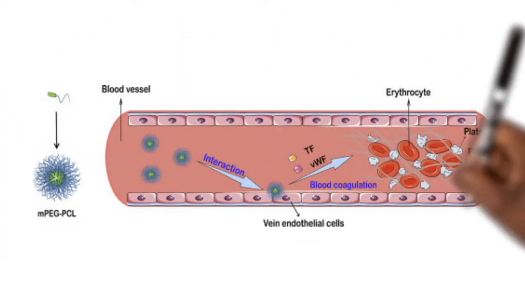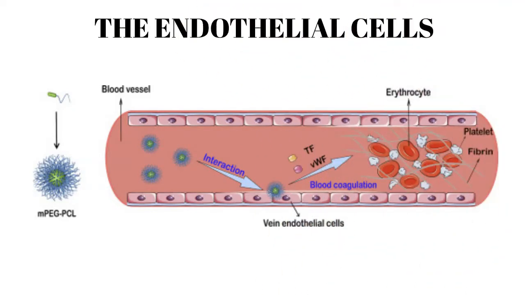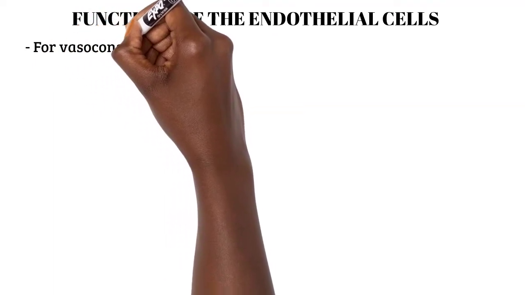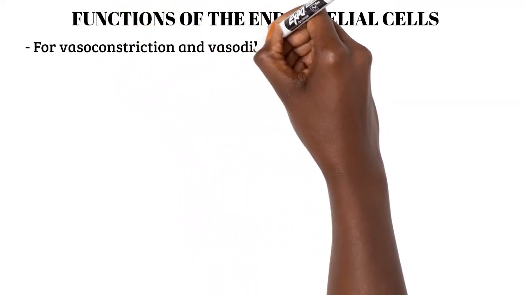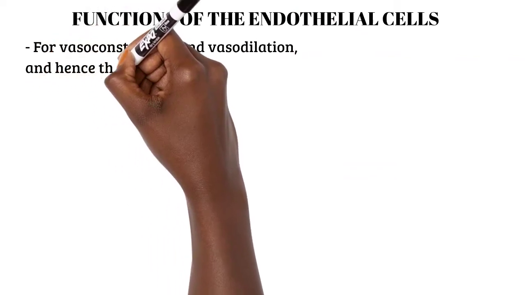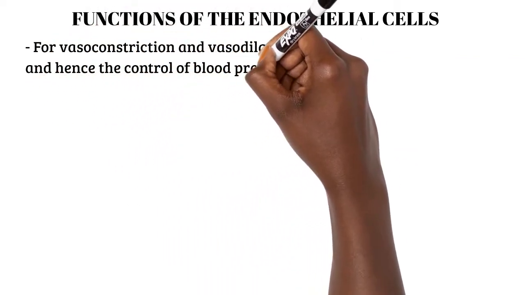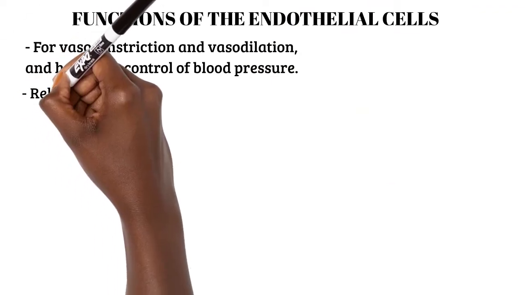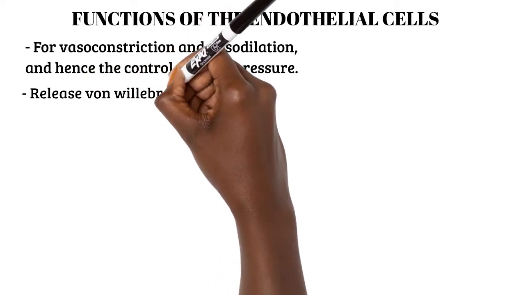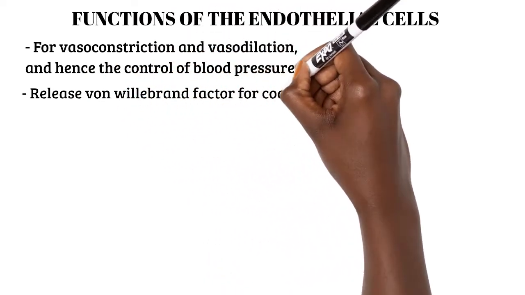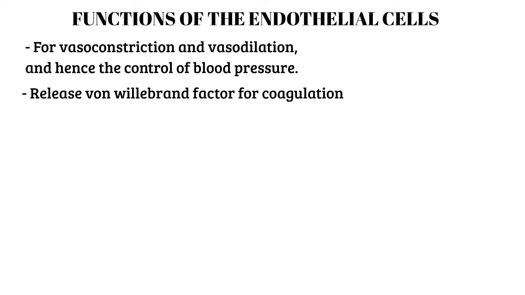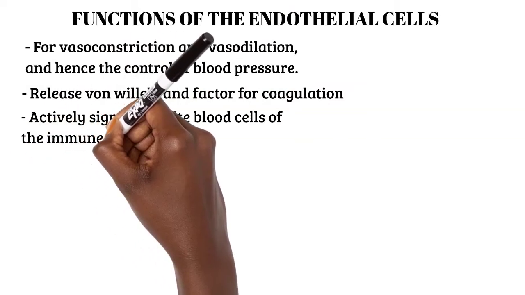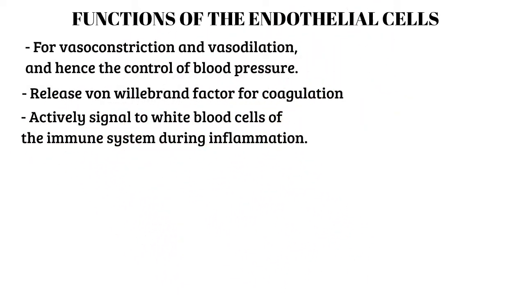Now the functions of endothelial cells. Endothelial cells are very useful for vasoconstriction and vasodilatation, and hence it helps in the control of blood pressure. They help in the release of von Willebrand factor for coagulation. They actively signal to the white blood cells of the immune system during inflammation.